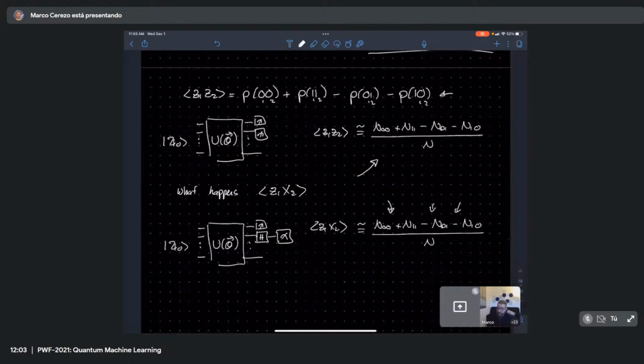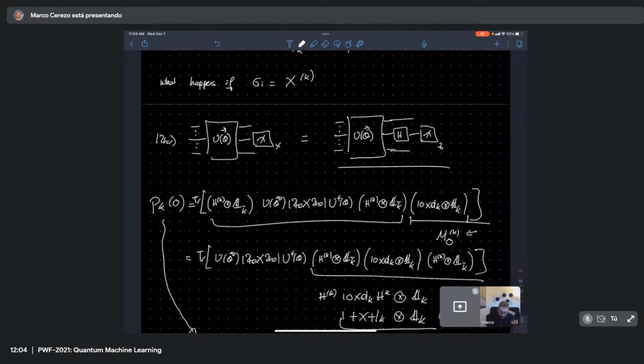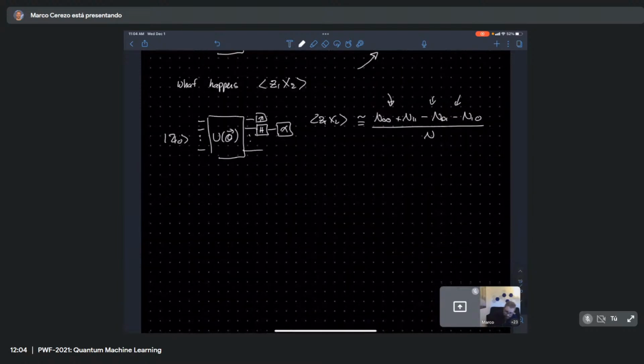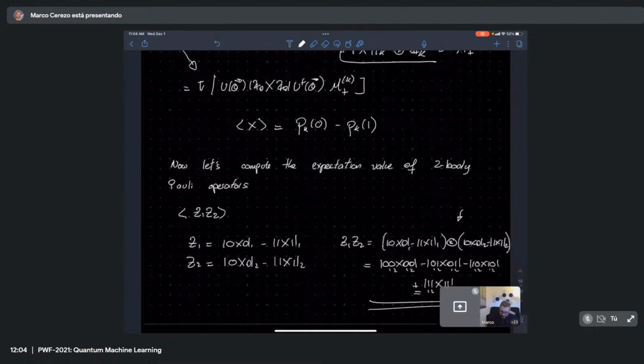Of course, there are many questions that arise here. One of them could be, for instance, how efficient is this? How many times do I have to use my quantum circuit to estimate all of the terms in a cost function of this form? Imagine that I have here poly n terms. Let's do what we did before, which is an efficiency analysis.